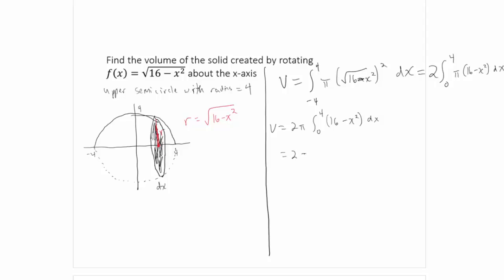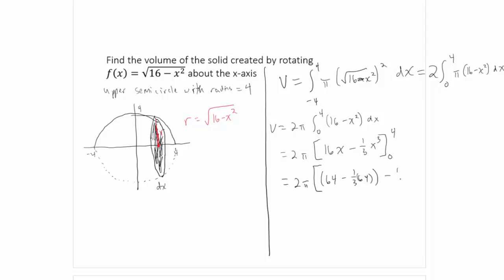2 pi, let's find the antiderivative. That's 16x minus 1/3 x cubed, evaluated from 0 to 4. So then that would be 2 pi. Substituting 4, that would be 64 minus 1/3 of 64.